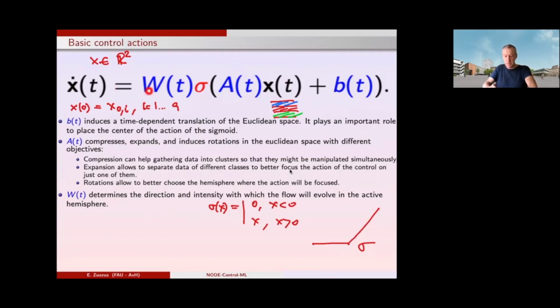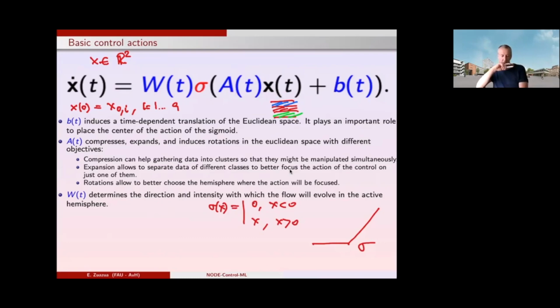Therefore, this will be either a trivial ODE in which x prime is equal to 0, so the initial datum is frozen, or, when we are in the set where sigma is active, just a linear function.